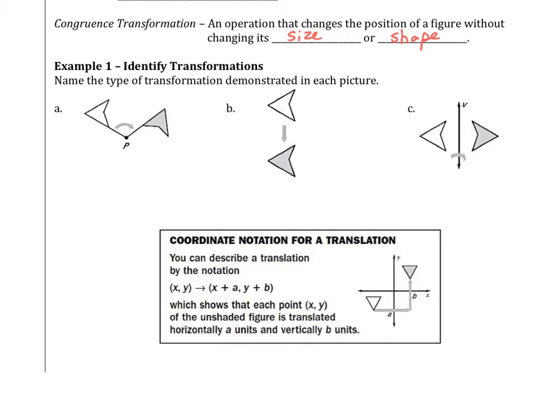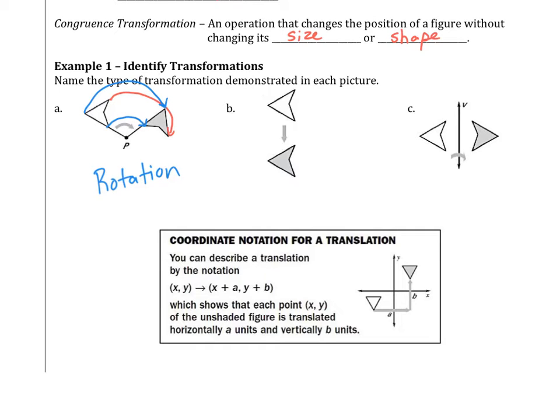Name the type of transformation demonstrated in the picture. The first one, you can see that each point is being rotated around as if it were on a clock. So this would be a rotation. The example I just said with the triangle on the end of a clock hand, it just rotates around.